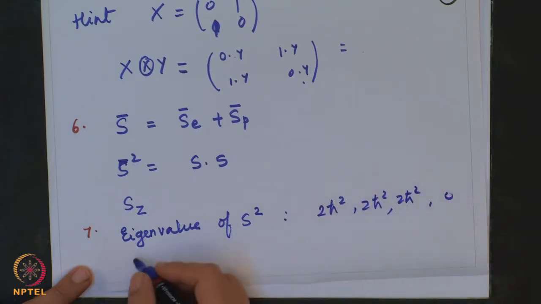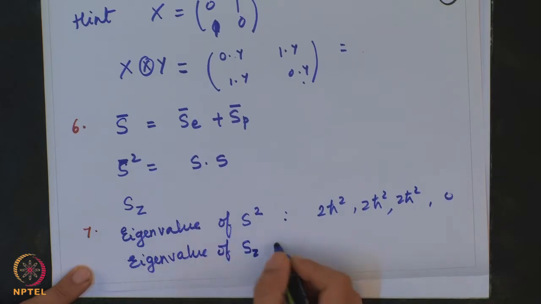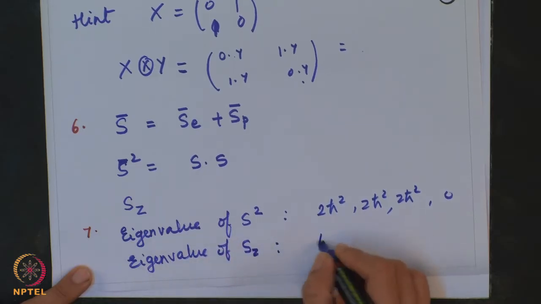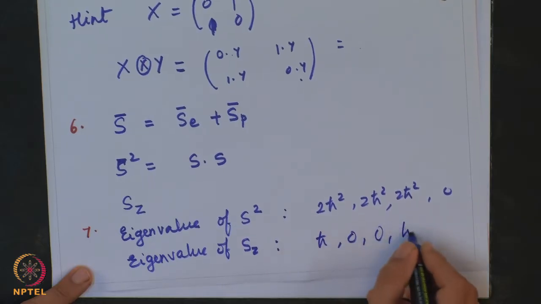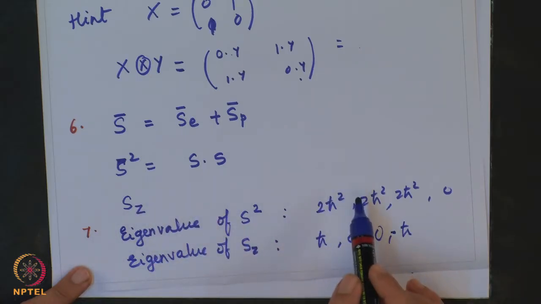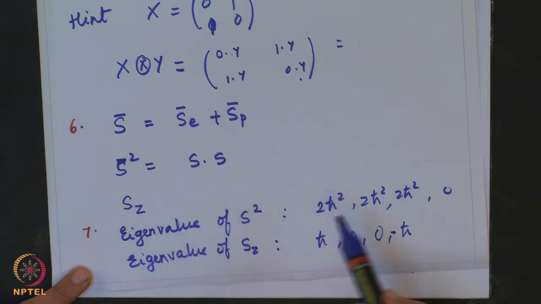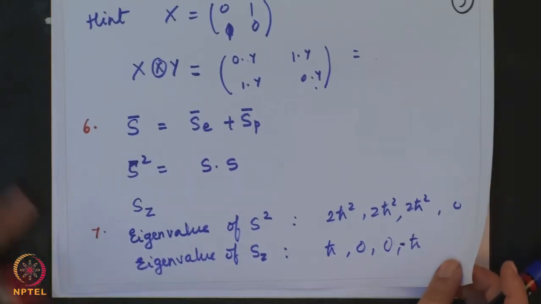So, it is triply degenerate, and the eigen value of Sz is h cross, 0, 0, minus h cross, because you will see that Sz is a diagonal matrix, I think, with the diagonal elements 1, 0, 0 and minus 1. So, you can try and evaluate that part also, and the final part, that is part B.